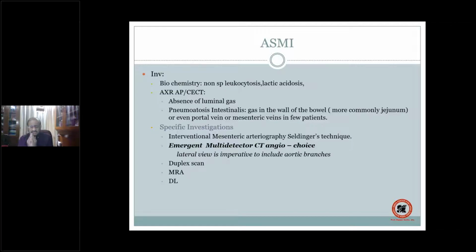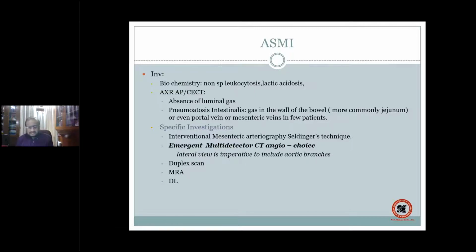So if we have gas shown in the bowel wall or even in the portal vein or mesenteric vein, this could be a very strong suggestion that this patient is having some kind of mesenteric ischemia. So one, pneumatosis intestinalis, and number two, gas in the portal vein or mesenteric vein, and absence of luminal gas are investigations which are partially contributory to the suggestion that this patient could be having mesenteric ischemia.